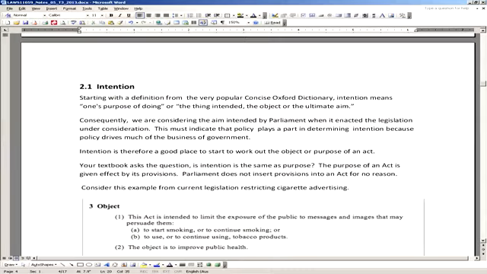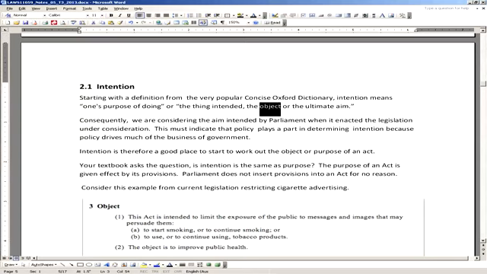Okay, so the first of these concepts is this idea of intention. You see they start off here with just an Oxford Dictionary reference: the thing intended, the object or the ultimate aim. I think the object is a good way of describing it.